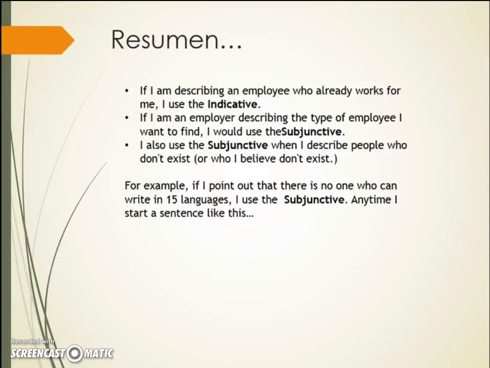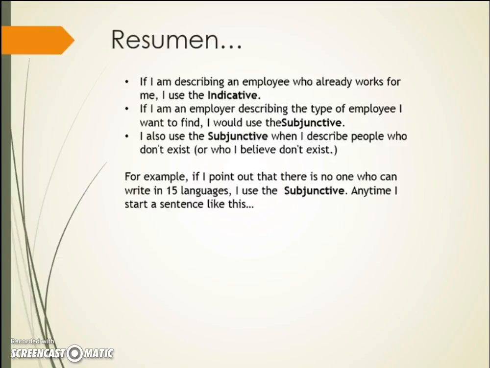Okay? And then one more explanation. If I'm describing an employee who already works for me, I would use the indicative. If I'm an employer describing the type of employee I want to find, I would use the subjunctive. Again, think want ads. Want ads are all subjunctive. I also use the subjunctive when I describe people who don't exist or who I believe don't exist. So for example, if I point out that there's no one who can write in 15 languages, I use the subjunctive.